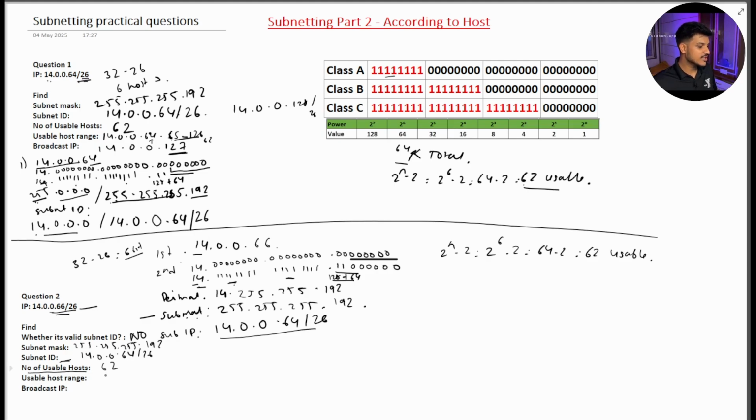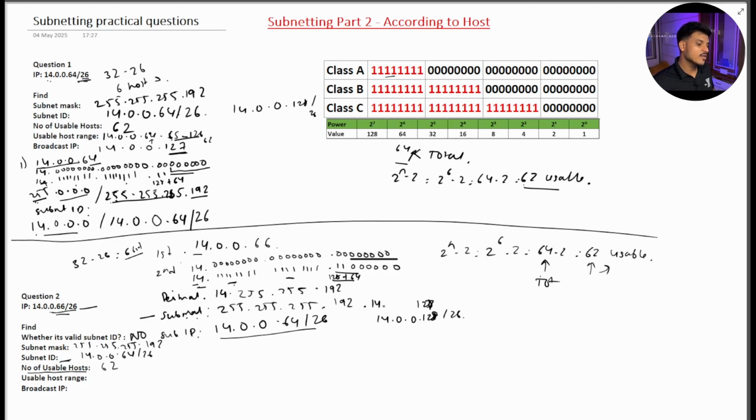And the usable host range will be like this: as our IPs are increasing by 64, as we know, a total of 64 IPs are there and 62 are usable. Okay, this was total and this was usable. So the next subnet ID would be 14.0.0.128/26. Okay, so our IP address just before this 128 will be 127.